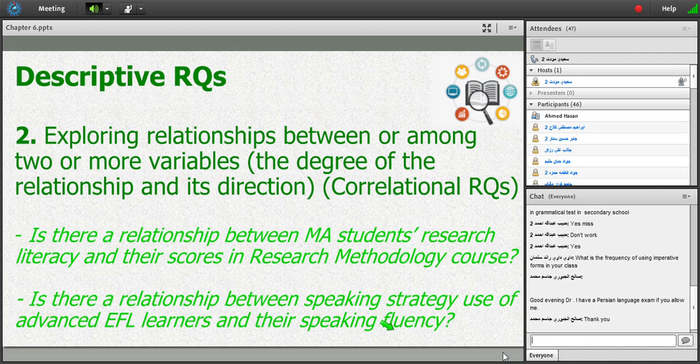When there is a negative relationship, it means that when speaking strategy use is high, it may lead to lower speaking fluency. So in this type of descriptive research question, we try to explore the relationship between and among two or more variables.